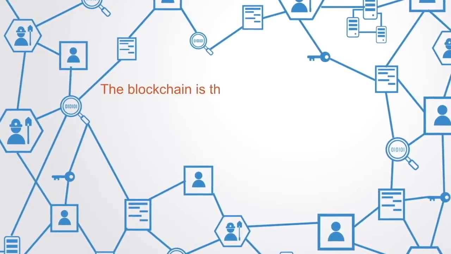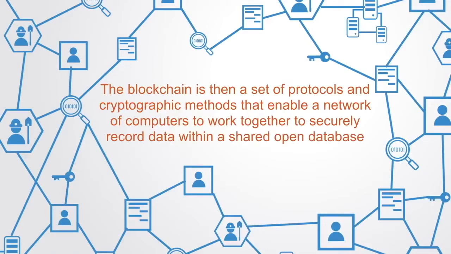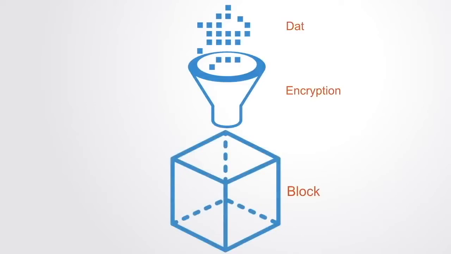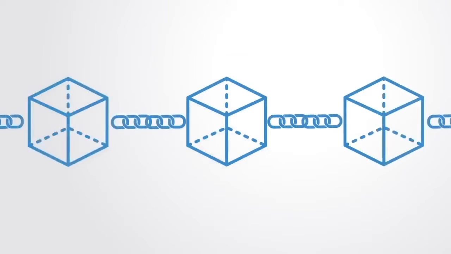The blockchain is then a set of protocols and encryption methods that enable a network of computers to work together in securely recording data within a shared open database. This database consists of a series of encrypted blocks that contain the data. The blockchain is a continuously growing list of these blocks of data, which are linked and secured using cryptography.